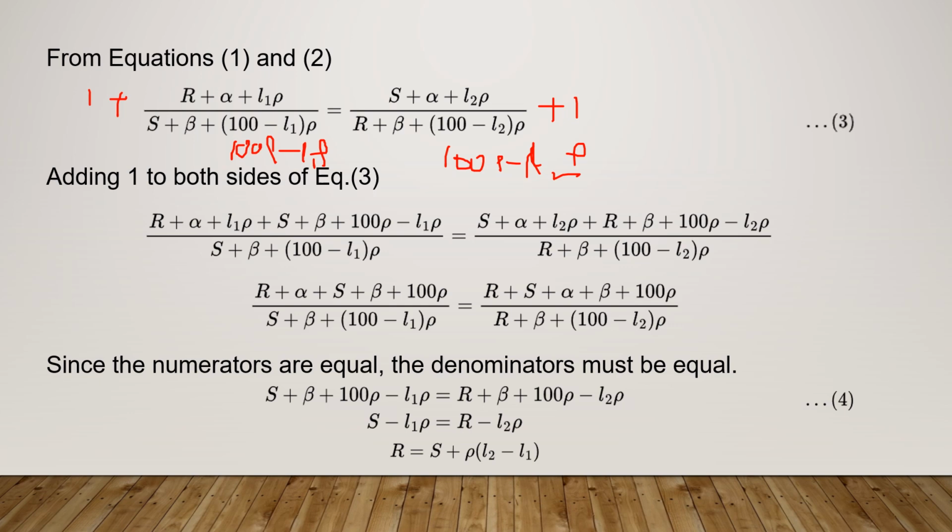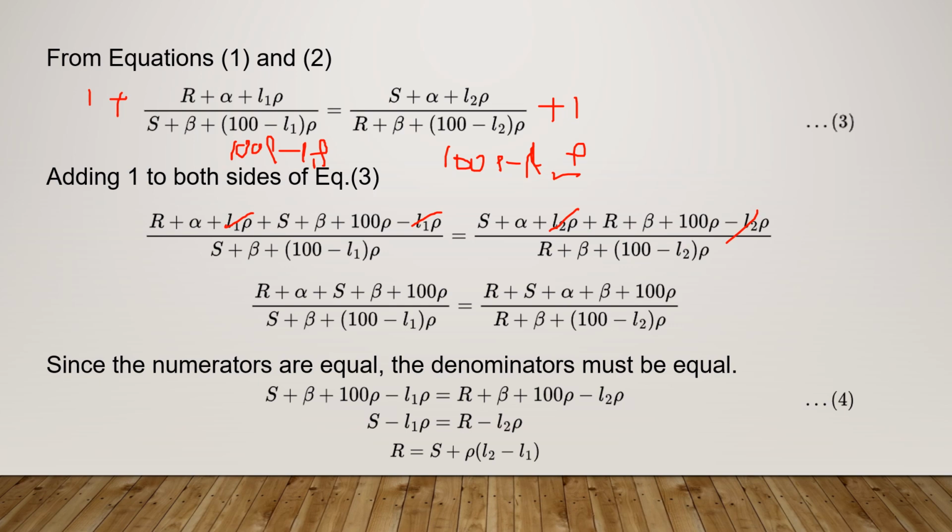Simplifying this, that is, minus L1 rho plus L1 plus L2 rho minus L2 rho. We get R plus alpha plus S plus beta plus 100 rho. Here also R plus S plus alpha plus beta plus 100 rho.